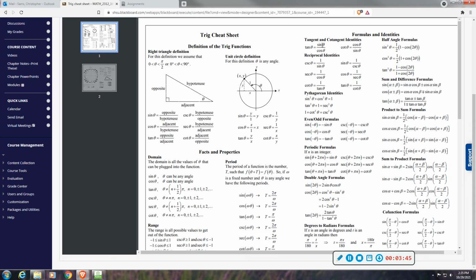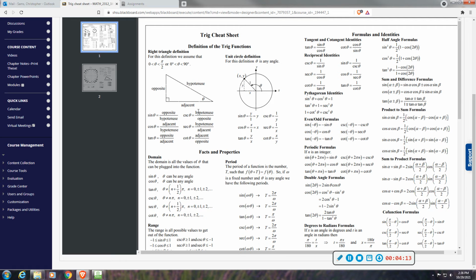Basically, one thing you can pick up here is that every single one of these trig functions can be written in terms of sine or cosine. Sine and cosine are the basic trig functions. If I want to write tangent, notice that tangent is equal to sine divided by cosine. And vice versa, cotangent, the reciprocal, can be written as cosine over sine.